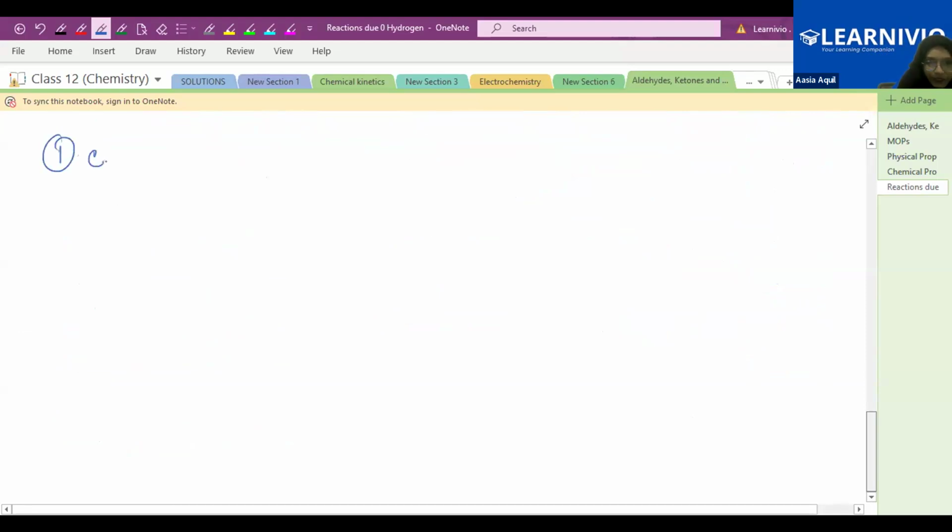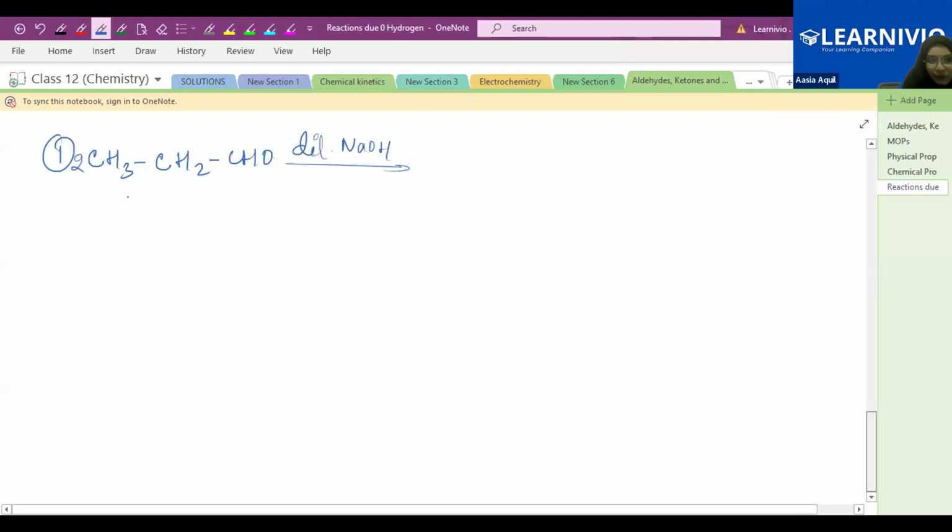Suppose we have CH3, CH2, and CHO, right? So basically we will take 2 moles, and it will be base catalyzed, dilute NaOH you are providing. Now what you are supposed to do?